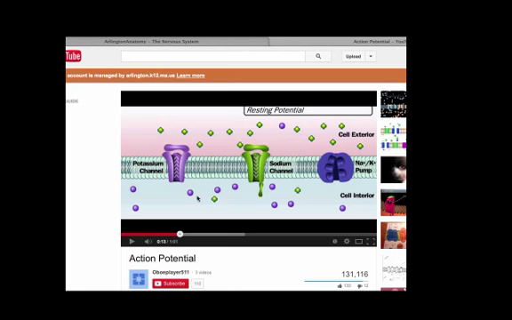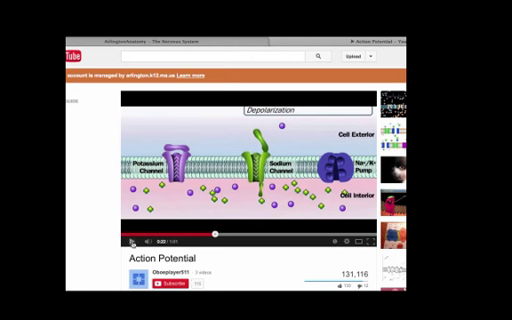Oh, actually one last thing. Notice that inside the cell at rest we have lots of these purple potassium ions, and then on the outside we've got a lot of sodium. So at rest we have more sodium outside, more potassium inside, and the inside is negative. So depolarization: the sodium channel opens up and sodium rushes into the cell.